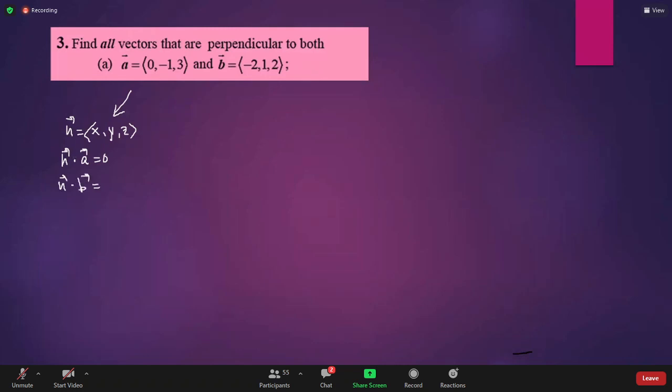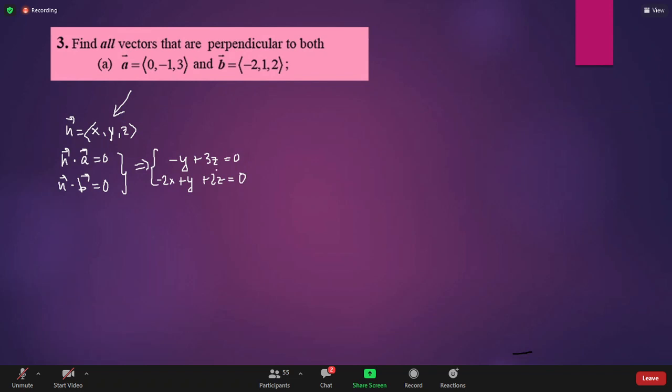So the conditions are 0x minus 1 times y plus 3 times z equals 0. That's N times A. And N times B would be minus 2 times x plus y plus 2z equals 0. From this, we could imagine using, for example, Gauss method to solve the system.